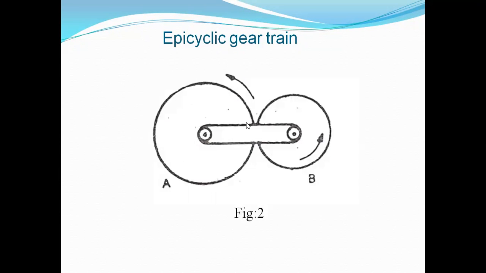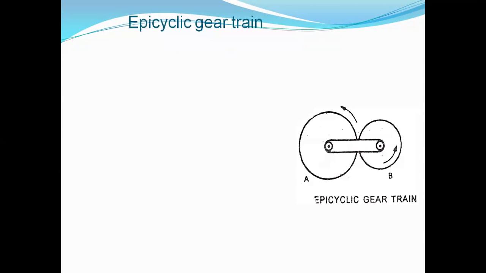If one is rotated in this direction, the other should rotate in the opposite direction, but in this diagram it shows both are in the same direction. Why this happened, we'll observe now.